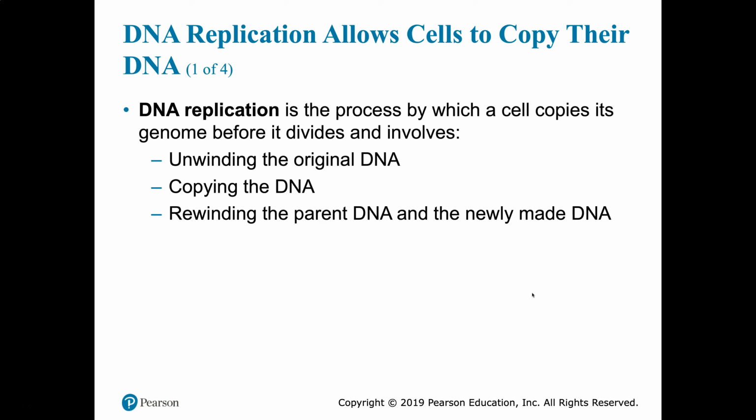So once you're done unwinding the original DNA, then you've got to copy it. You've got to go through replication. And then once you're done, you have to rewind or put the DNA back together, and then you have a newly made copy as well. So then each new daughter cell has the same genetic material as the other.